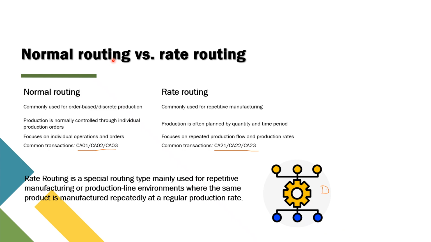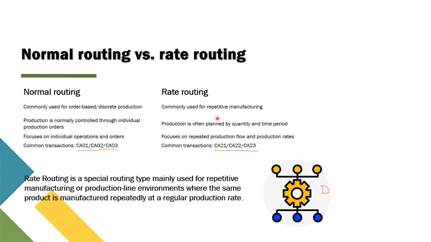So you can just pause the video whenever you have time, and you can check the difference between normal routing and rate routing, because this is the easier part, but valid and very vital to understand the concepts and difference between both. And for example, you see CA01, 2, 3, and I think we don't have to get much detail into it right now.